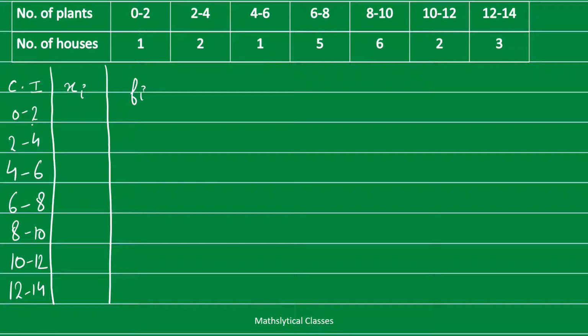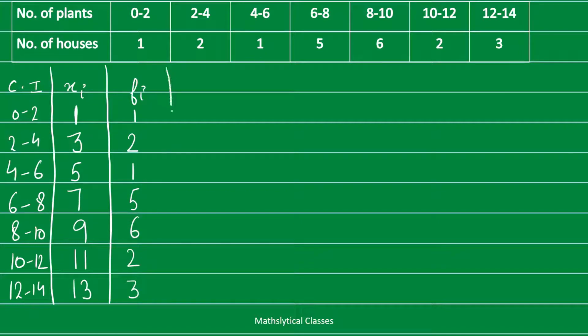So 0 plus 2 divided by 2 is 1. Midpoint of 2 and 4 is 3, of 4 and 6 it will be 5, then 7, 9, 11, and 13. And fi are given to be 1, 2, 1, 5, 6, 2, 3.